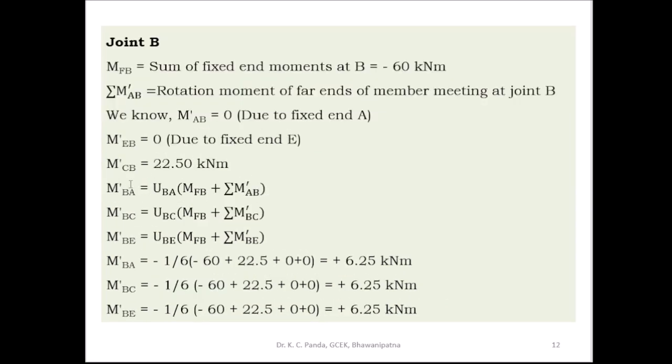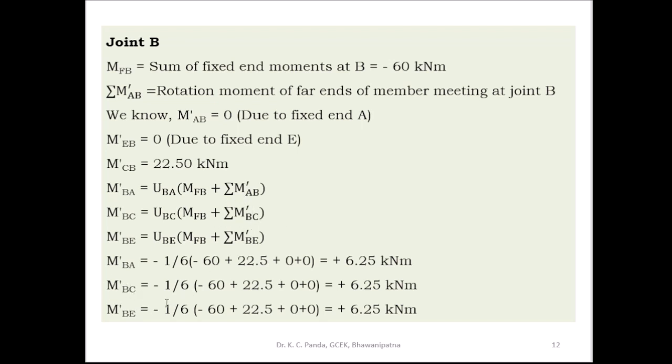Then you can find the near end rotation moment M dash BA, equal to UBA into MFB plus the summation of far end moments. M dash BA is equal to minus 1 by 6 into minus 60 plus 22.5 plus 0 plus 0. So this is equal to 6.25 kilonewton meter. Similarly, M dash BC is equal to UBC into MFB plus the summation, the sum of the far end rotation moments.